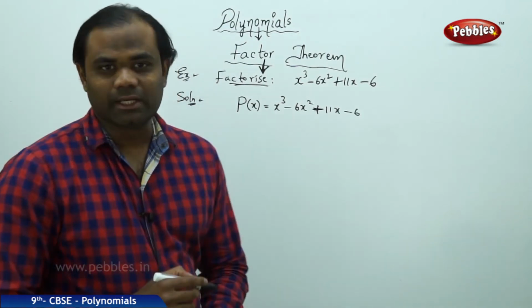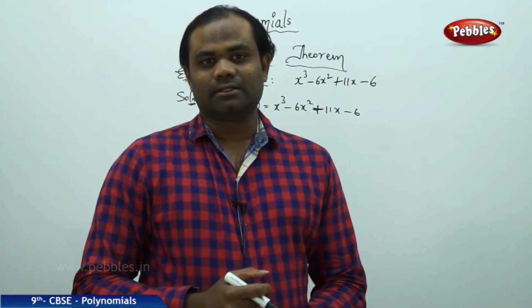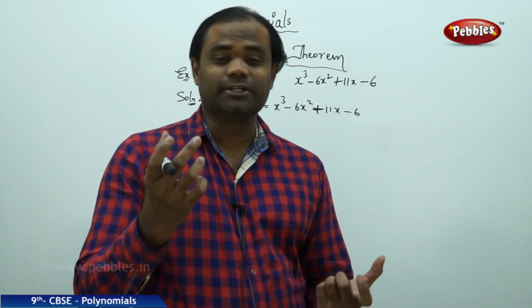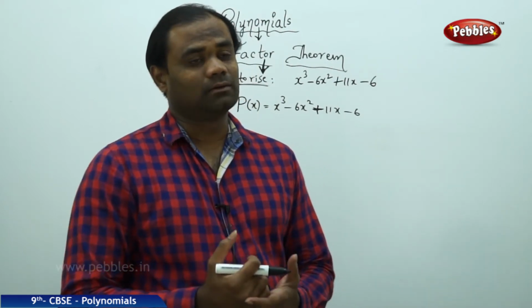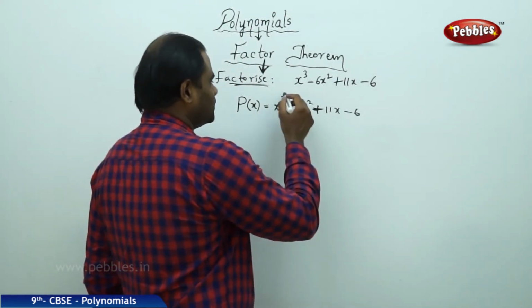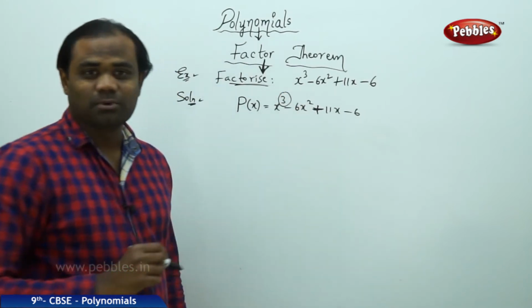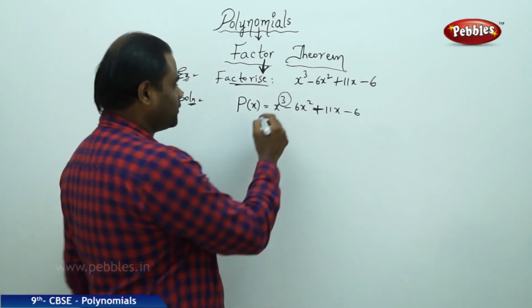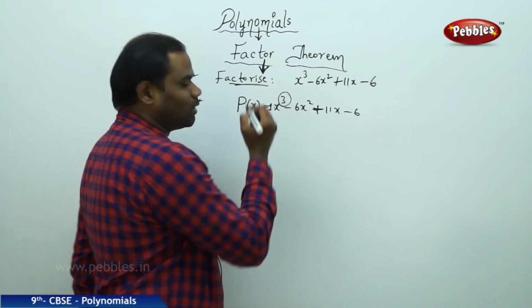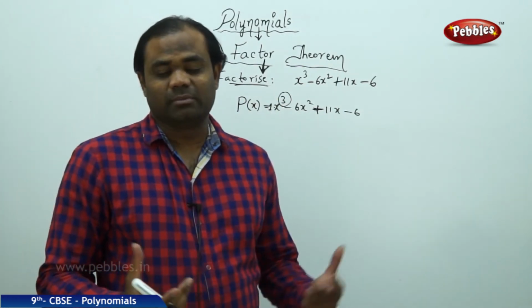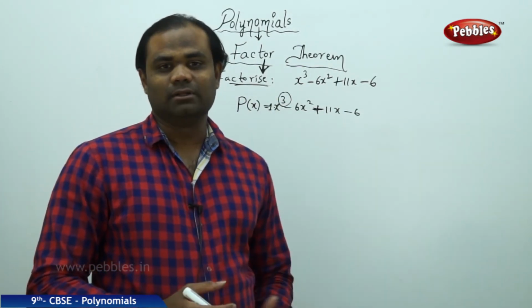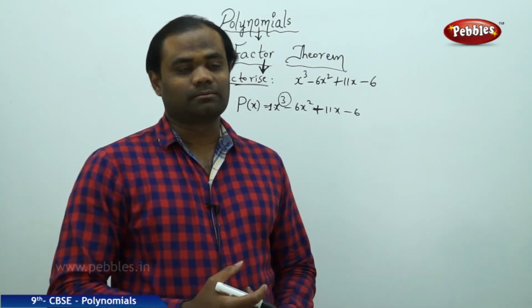My first rule is to identify that the coefficient of the highest degree term is 1. As I identify here, the highest degree of this polynomial is 3 and its coefficient is obviously 1. So I need not make it 1. It's already available with coefficient equal to 1.